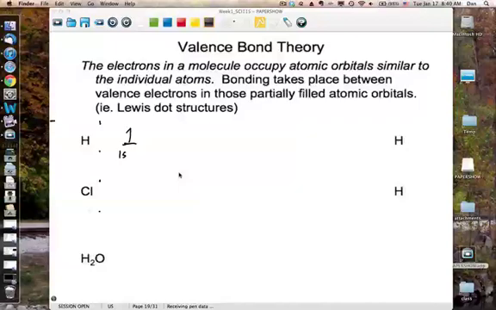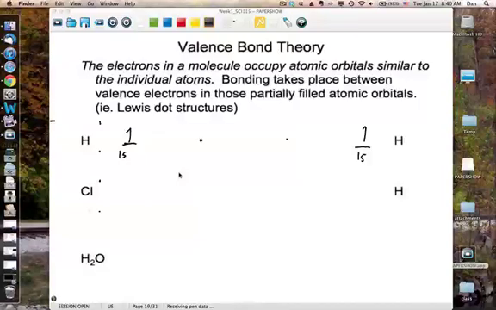And if you have another hydrogen over here, it also has its electron in the 1s subshell. And valence bonding theory basically says, well, electrons in a molecule occupy the same atomic orbitals as the individual atoms. So basically, it behaves as if the atoms are distinct, and so they each have their individual orbitals.